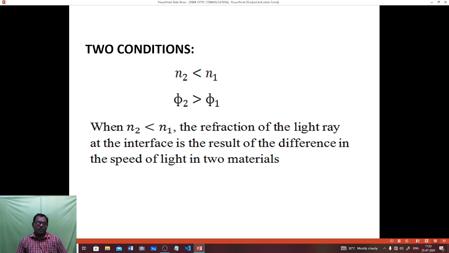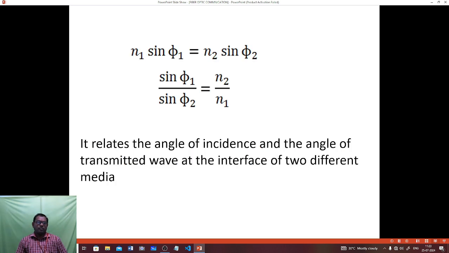So when n2 is less than n1, the refraction of the light ray at the interface is the result of the difference in the speed of light in the two materials. We know that Snell's law expression is n1 sin phi 1 equal to n2 sin phi 2.